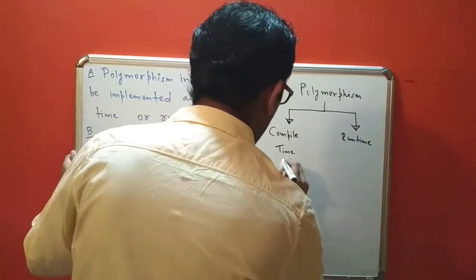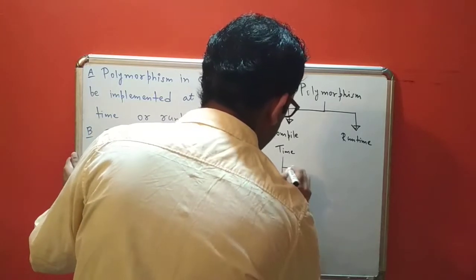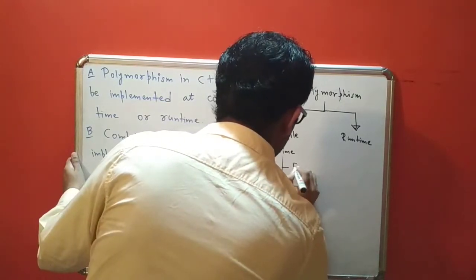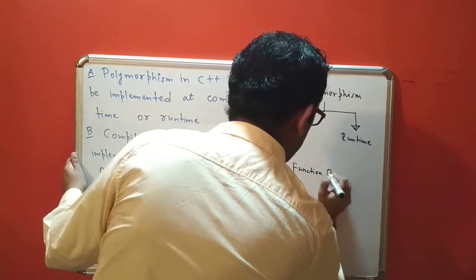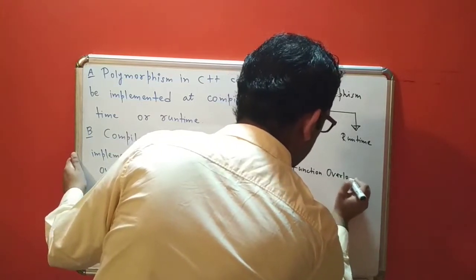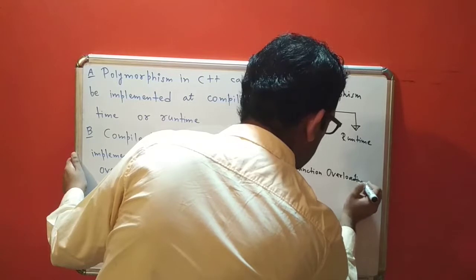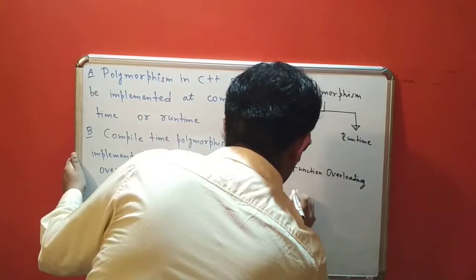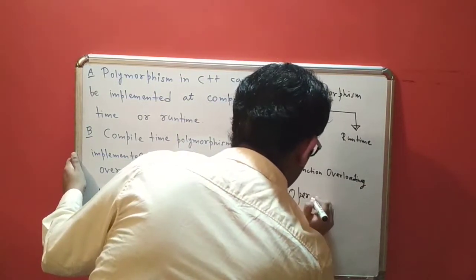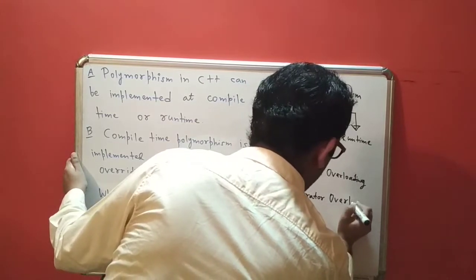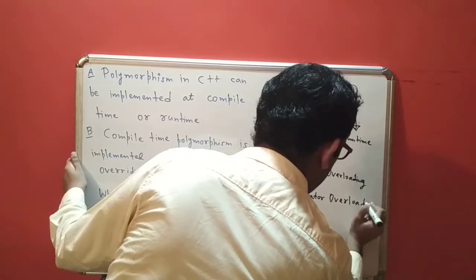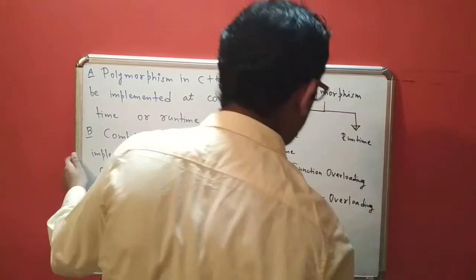Now, compile time polymorphism in C++ is implemented using function overloading or operator overloading. So we have function overloading and operator overloading.